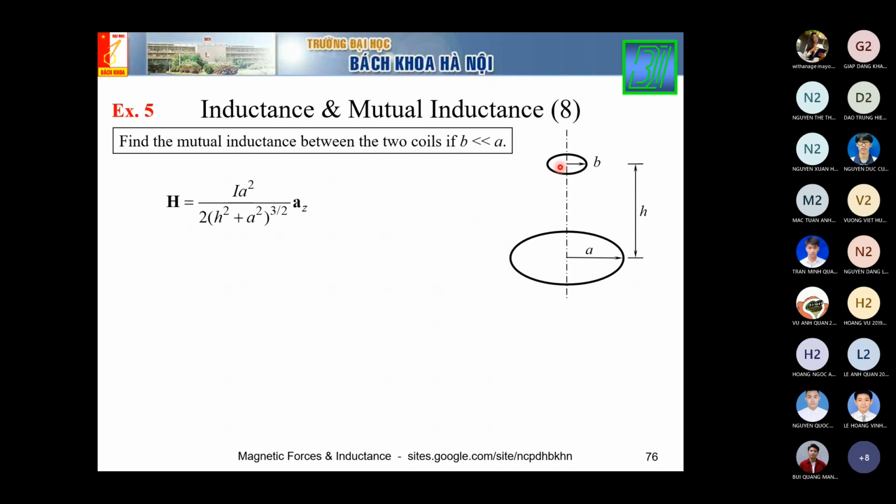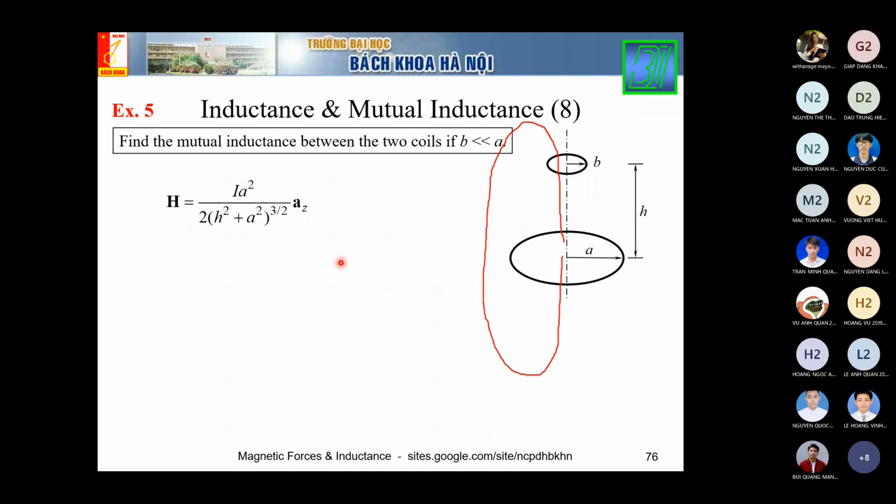And because B is much smaller than A, firstly, there is a magnetic flux flowing like this, for example. Because B is very, very small compared to A, we can think that the magnetic flux density going through this smaller circle is uniform.